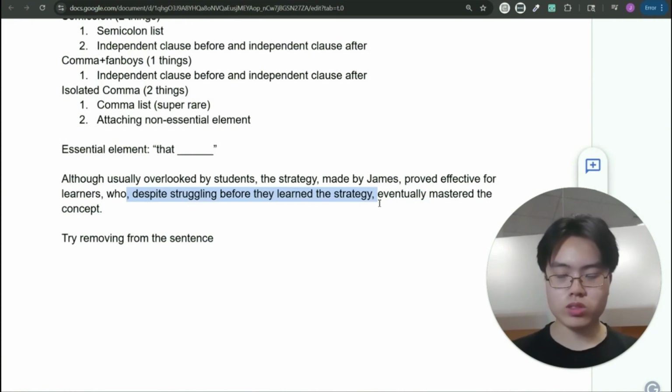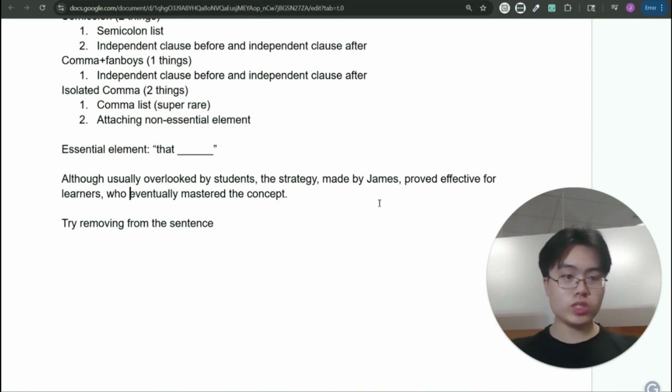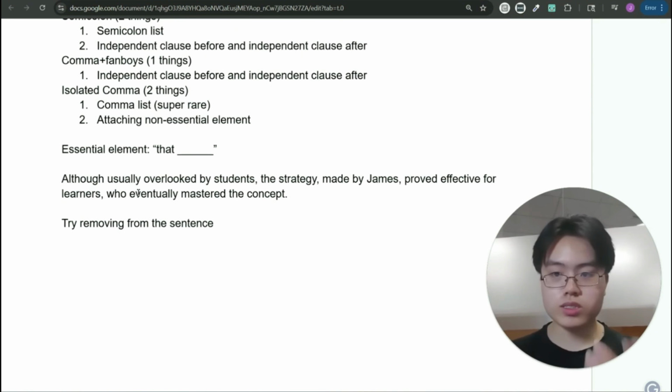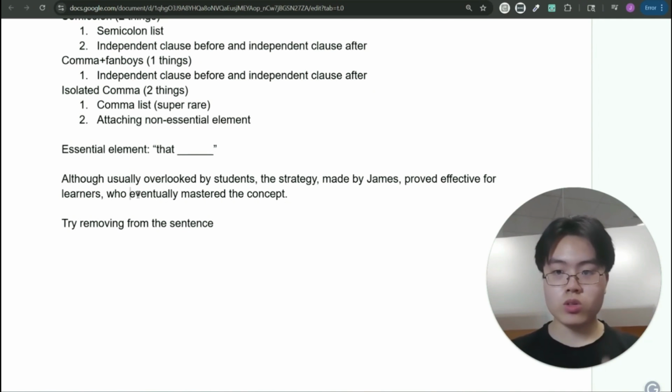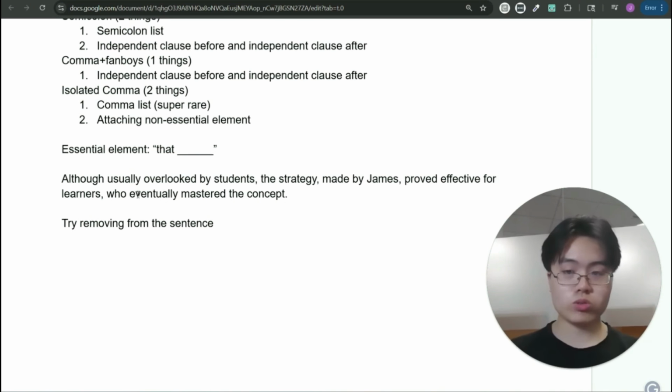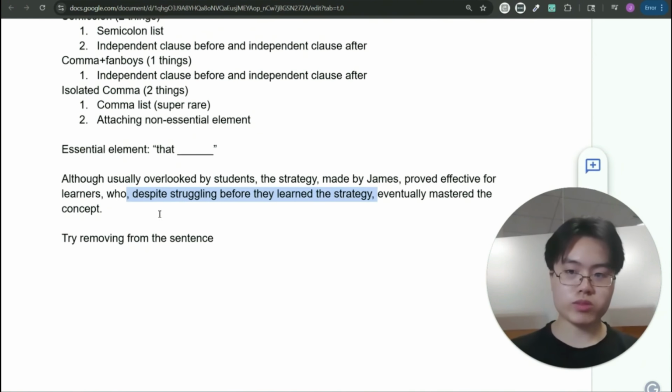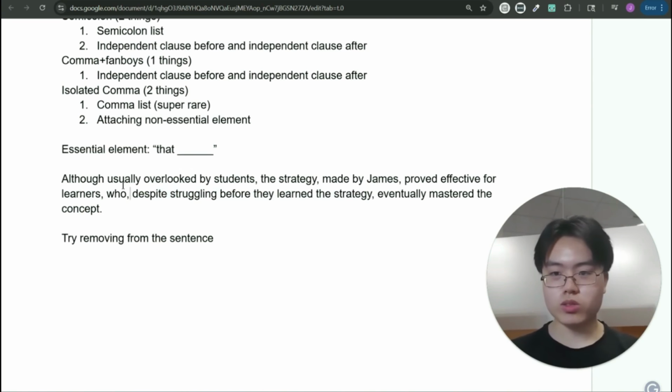So I'm just going to delete it from the sentence, and then we read the sentence with it deleted and see if the sentence still makes sense. It still makes perfect sense. Since the sentence still made perfect sense despite me removing that big chunk, what I just removed is not essential to the sentence. Therefore, it's a non-essential element, and you should put commas around it. Wherever it's touching the rest of the sentence, I need to put commas there, because I just removed it and it made perfect sense.